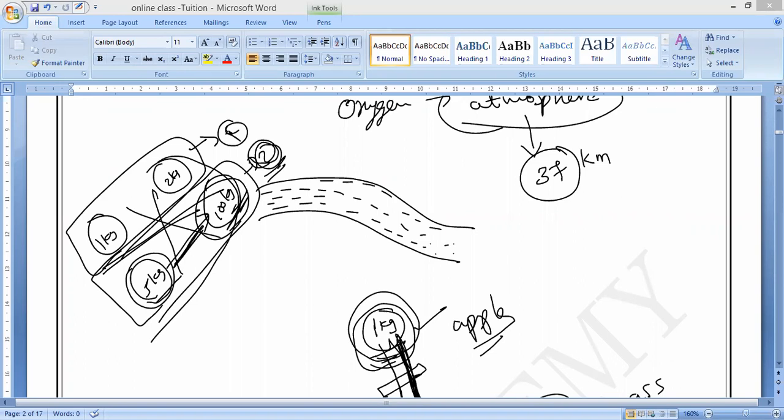The gravitational force of attraction between them is small, and hence we do not see one stone moving towards the other.